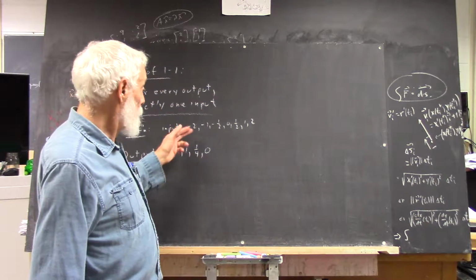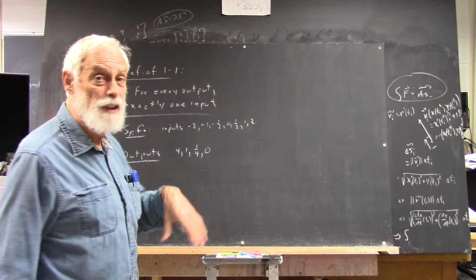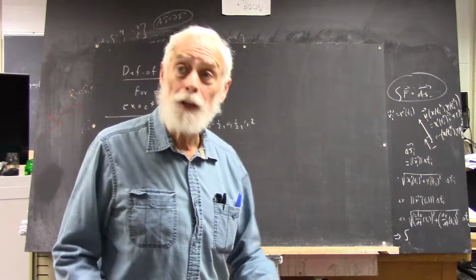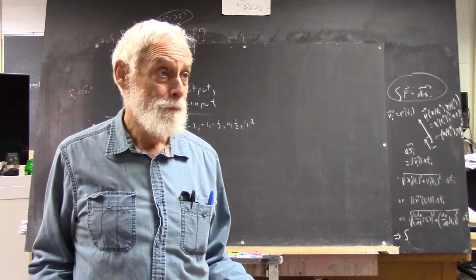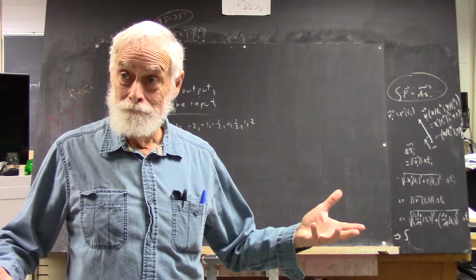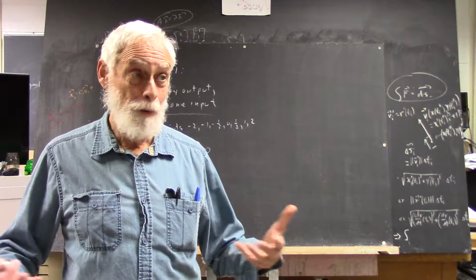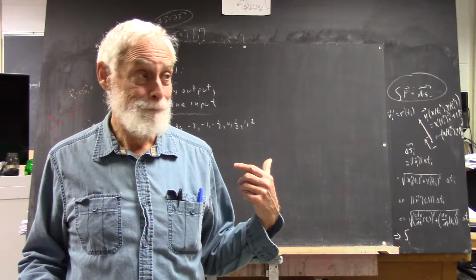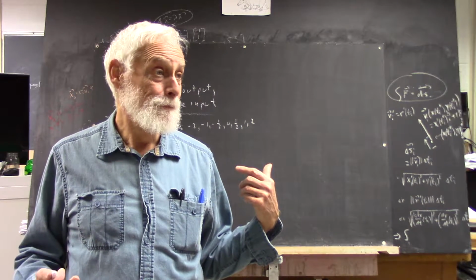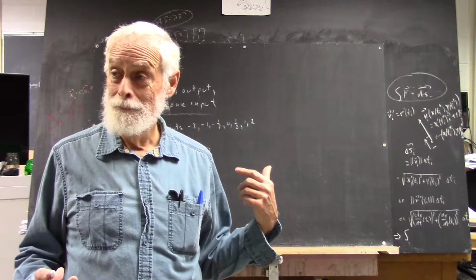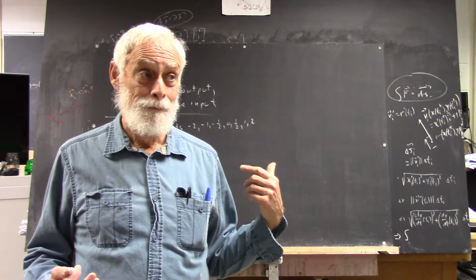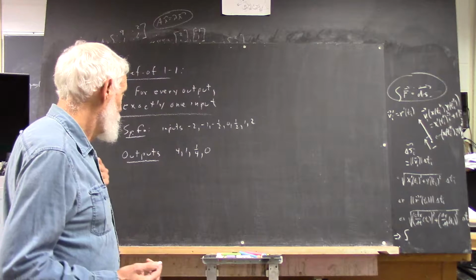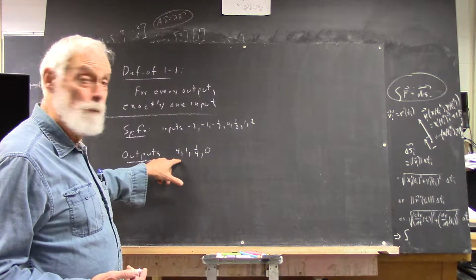And it's clear from looking at this that, well, can you give me an output that has more than one input? Anybody able to choose one of these outputs that has more than one input? Four?